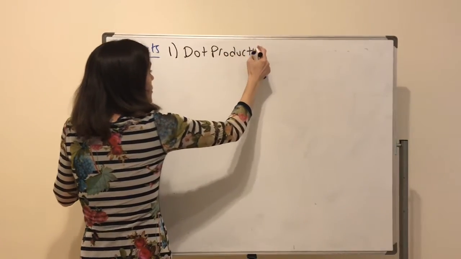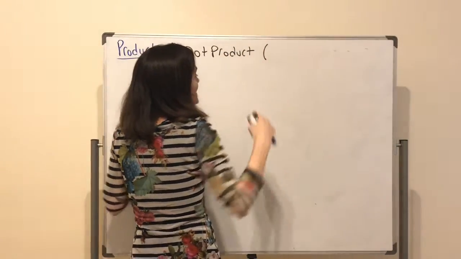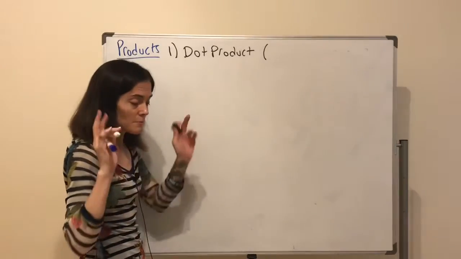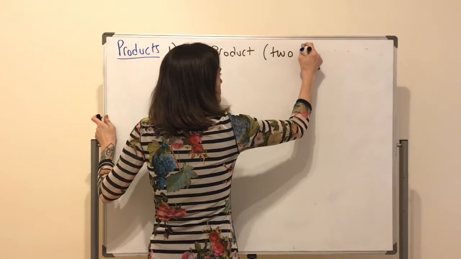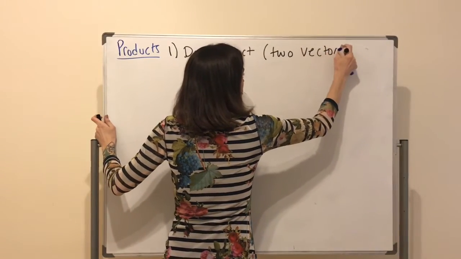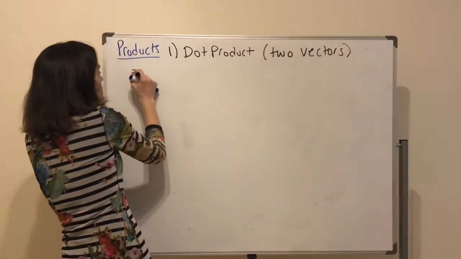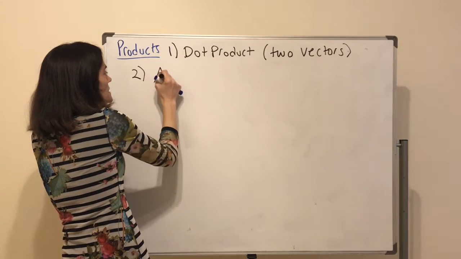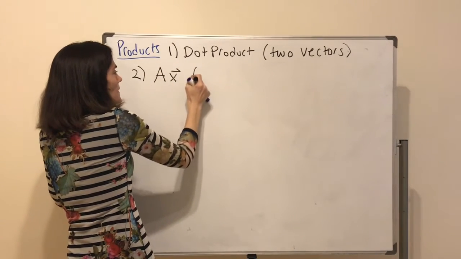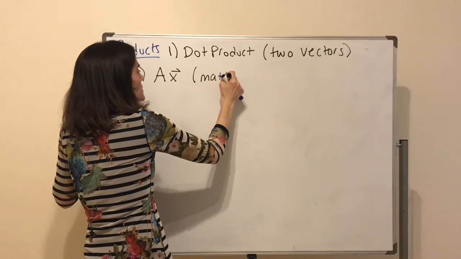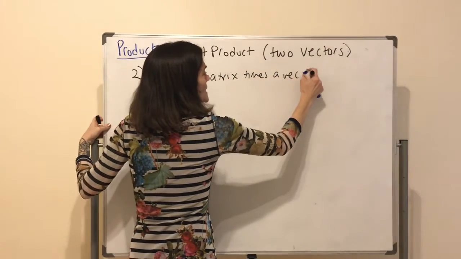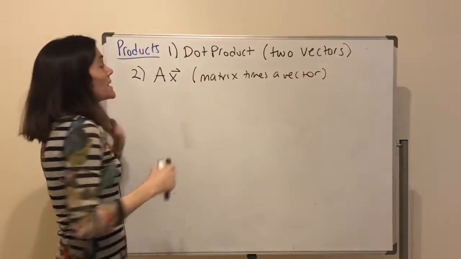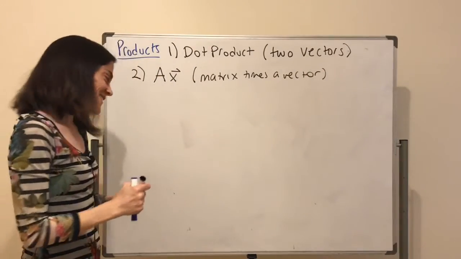It's one form of multiplying, I'll put in quotes, and what this product takes in is two vectors. And then I will talk about the product AX, a matrix times a vector. Really, before we can get into the second one, we need to understand the dot product anyways.